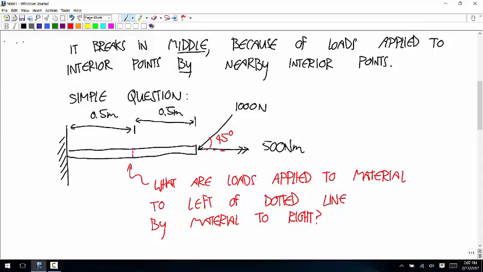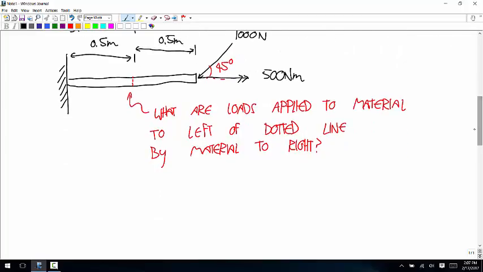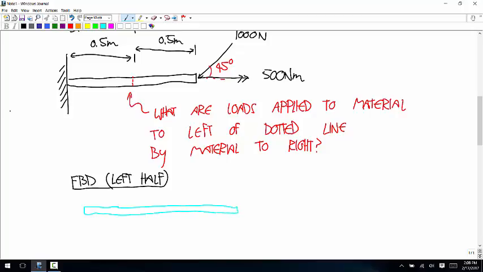Okay, so the way that we're going to solve this is we're going to isolate the left half. So free body diagram of the left half. And so here's the whole beam. But we're not isolating the whole thing.